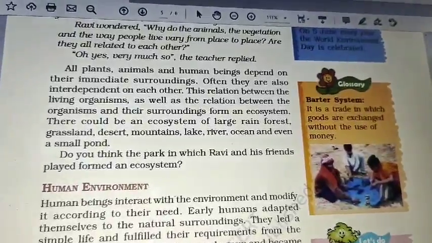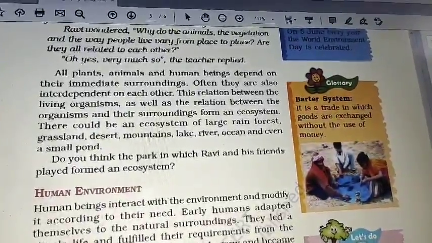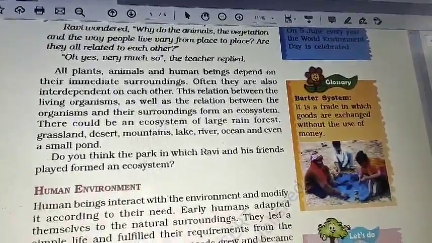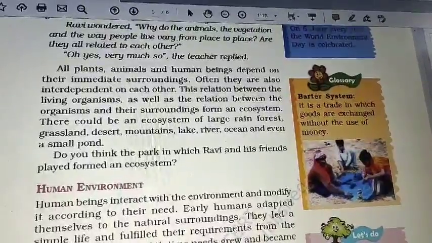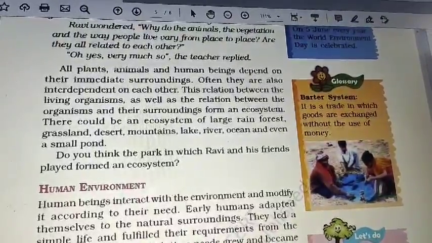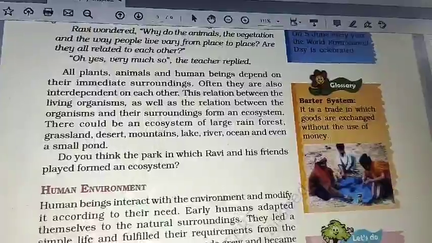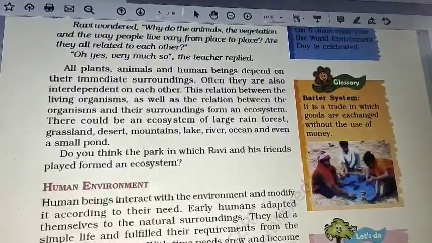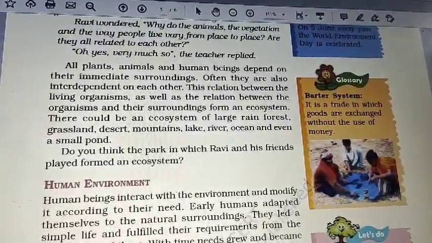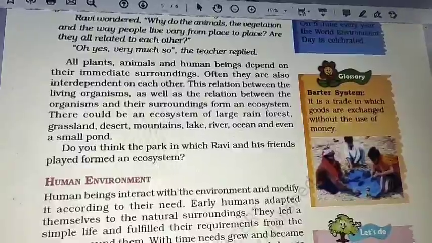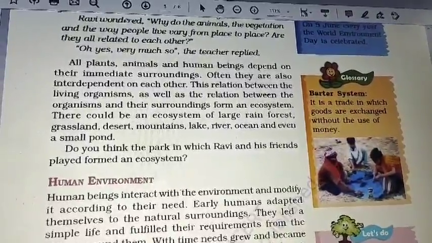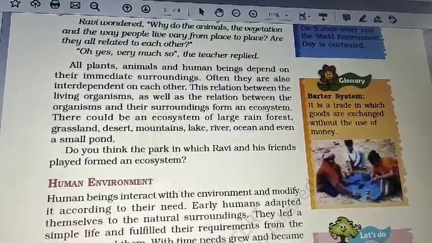They are interdependent on each other. This relation between the living organisms, as well as between the organisms and their surroundings, forms an ecosystem. There could be an ecosystem of a large rainforest, grassland, desert, mountains, lake, river, ocean, even a small pond.